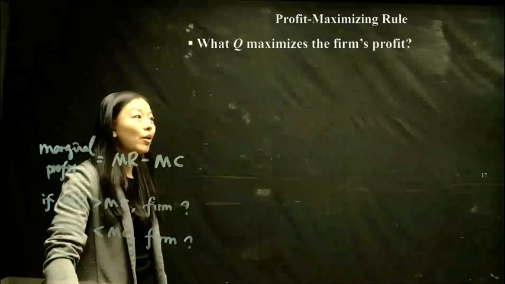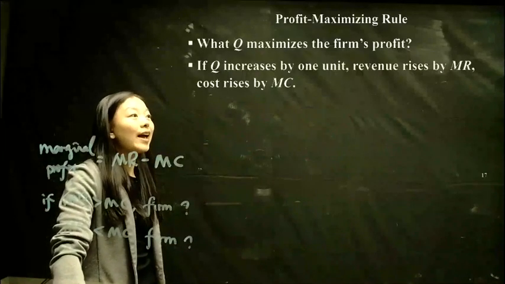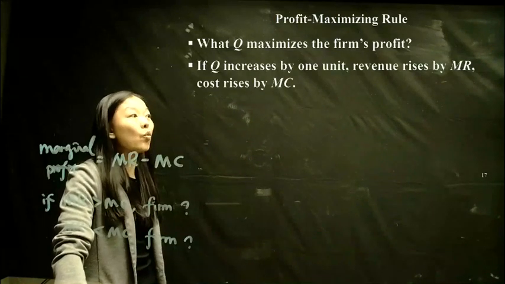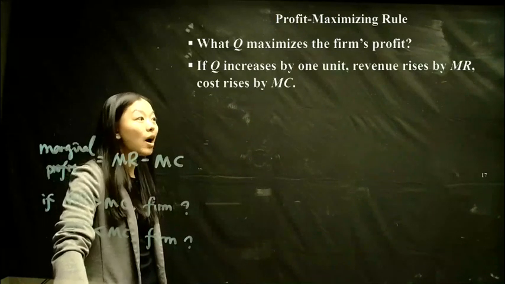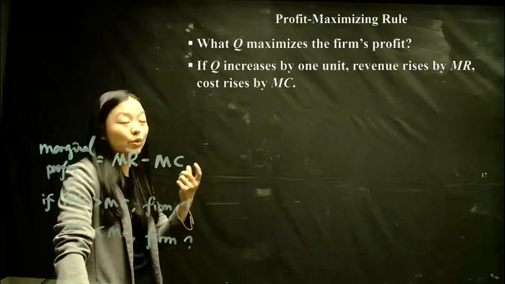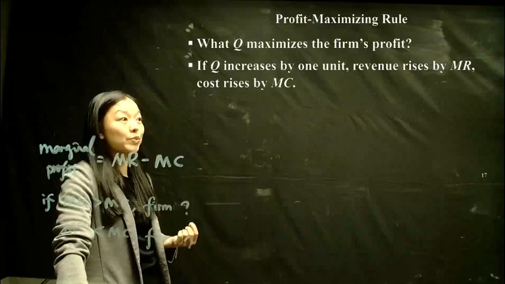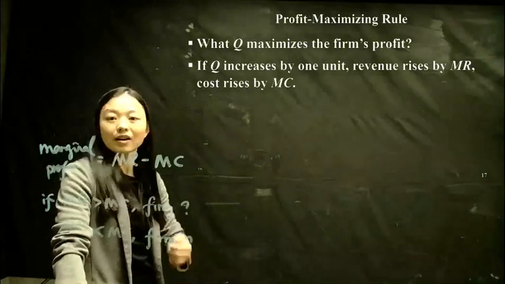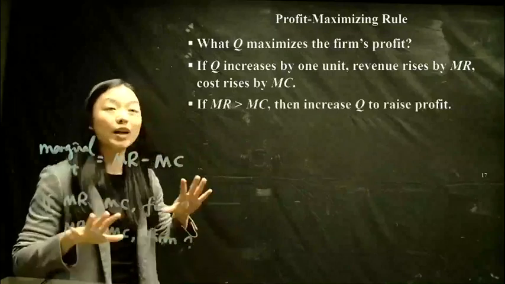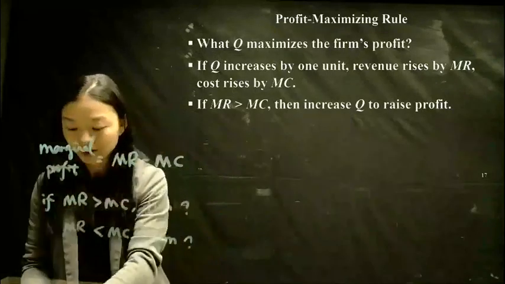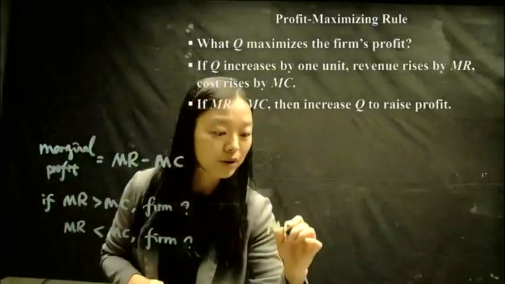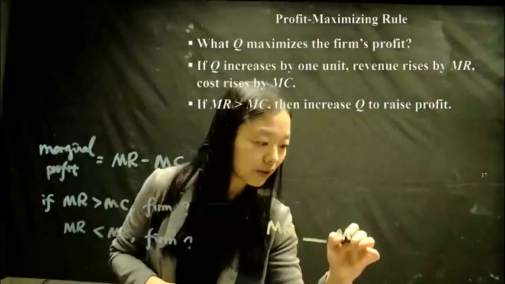So, what I'd like to say is, if quantity increases by 1 unit, we know that the revenue will increase by marginal revenue, right? Cost will increase by marginal cost. So we need to compare marginal revenue and marginal cost. This is very important, okay? Compare marginal revenue and marginal cost.